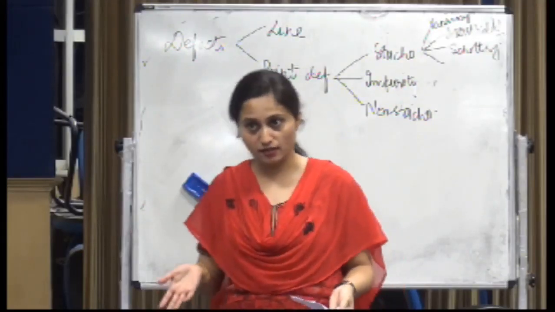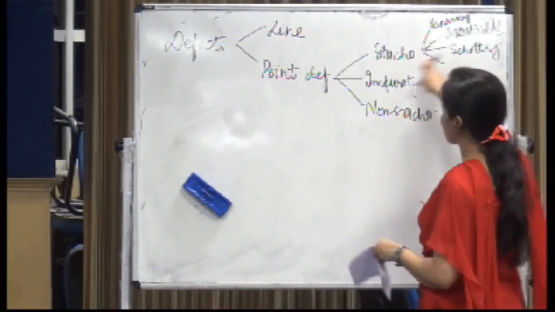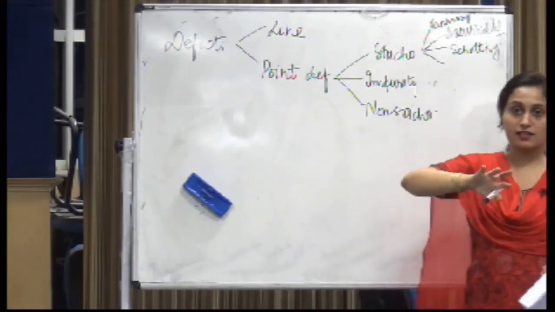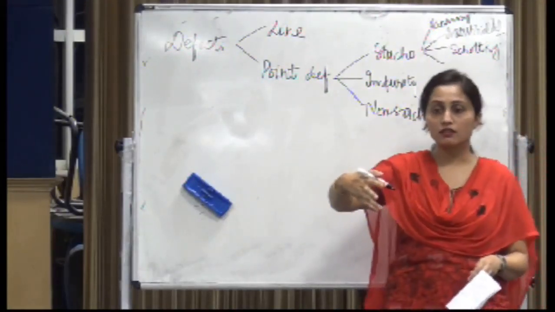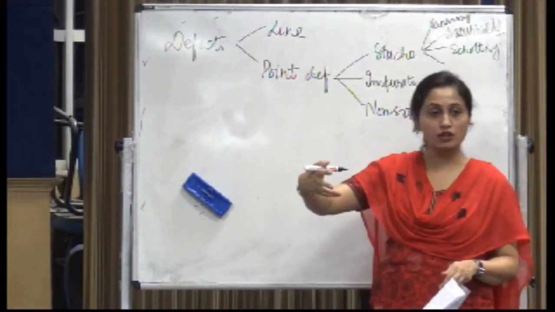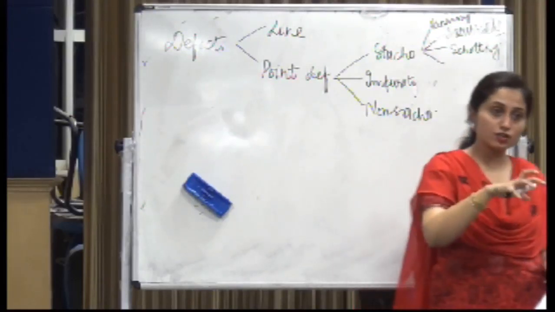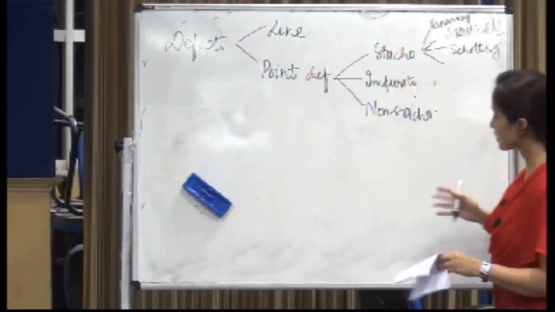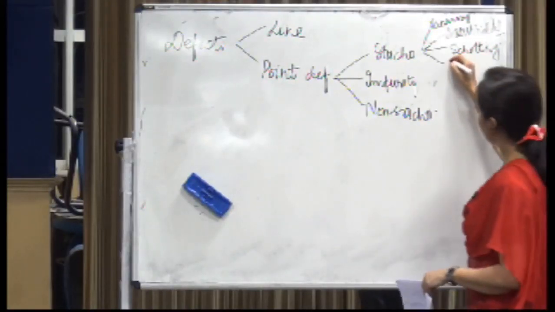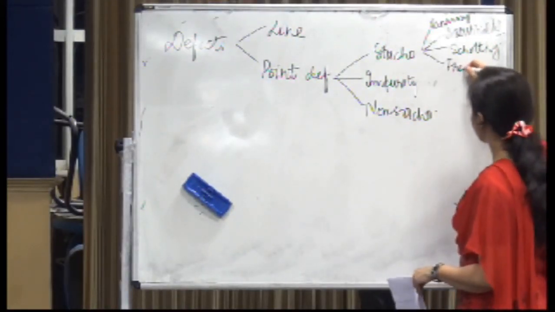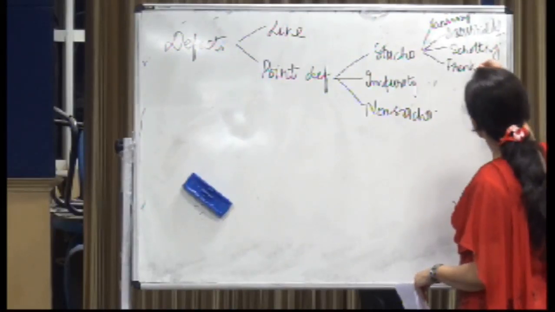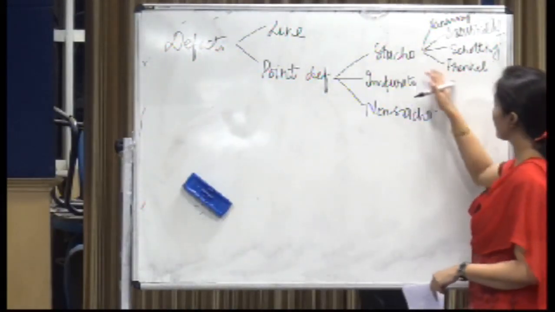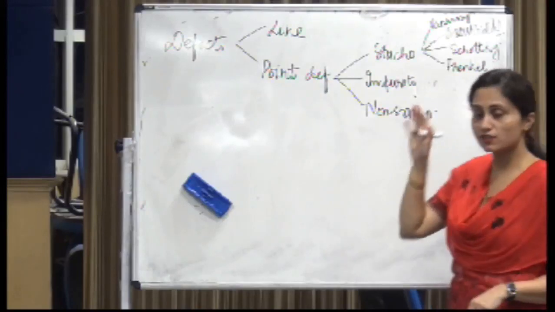It decreases. Okay, stoichiometry is maintained. मतलब अगर NaCl में if you see the Schottky defect in NaCl, then for each of the Na जितने Cl होने चाहिए उतने ही रहते हैं. So that stoichiometry is maintained. That's called stoichiometric defect.